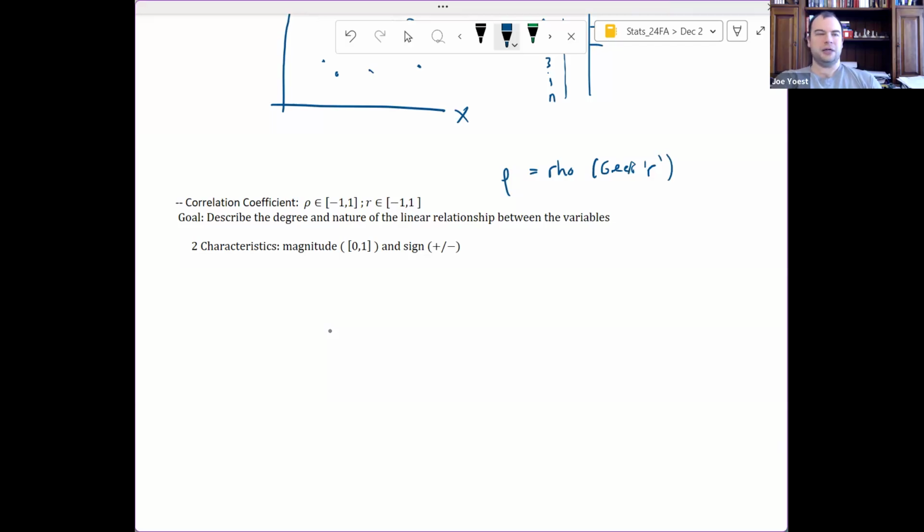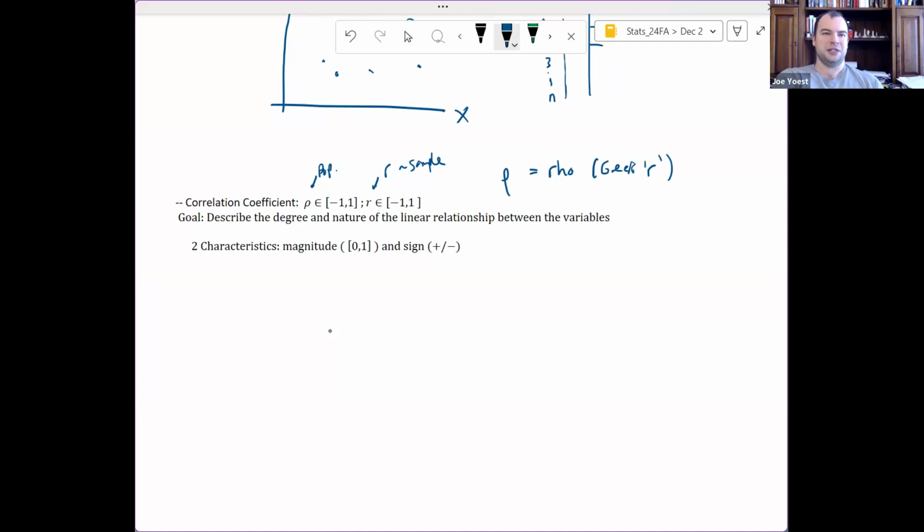So the Greek lowercase r, rho, that's for population. And the, I don't know, Latin alphabet, whatever you want to call our alphabet, R is the sample. So our R, little r, is the sample correlation coefficient.